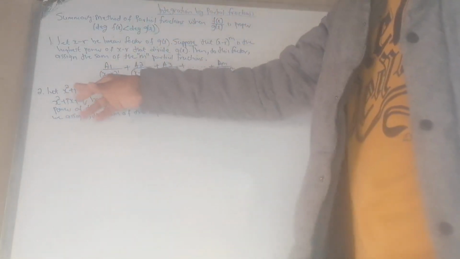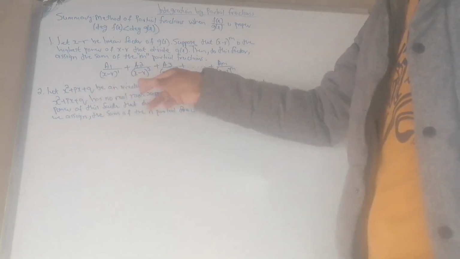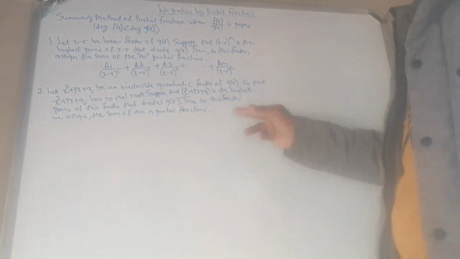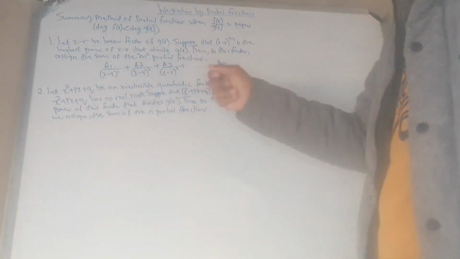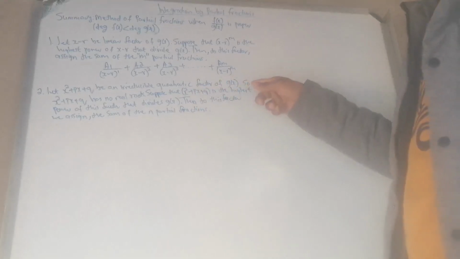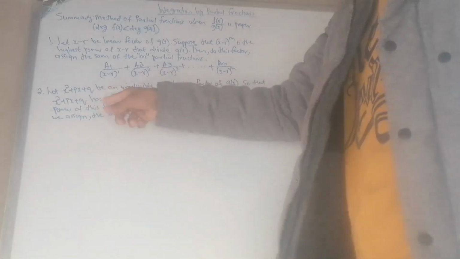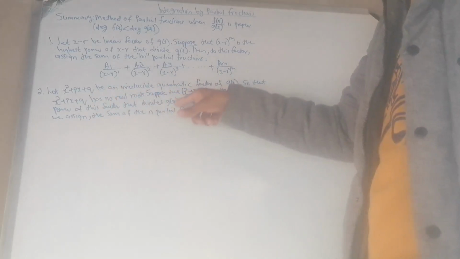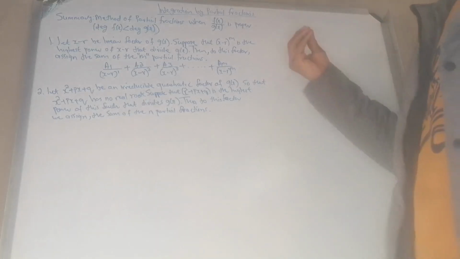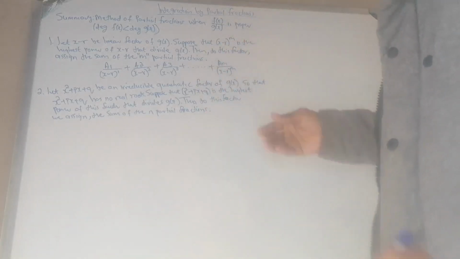This one, x squared plus px plus q, is an irreducible quadratic factor of g at x, so it has no real root. And we said suppose that this is the highest power of this factor that divides g.